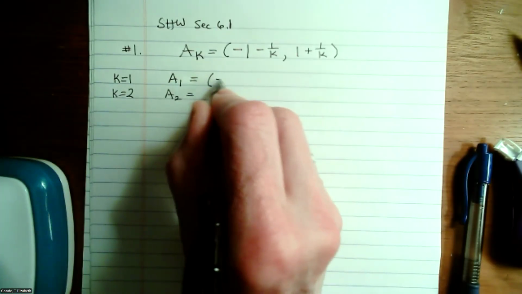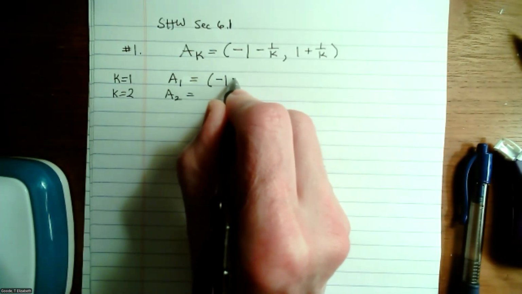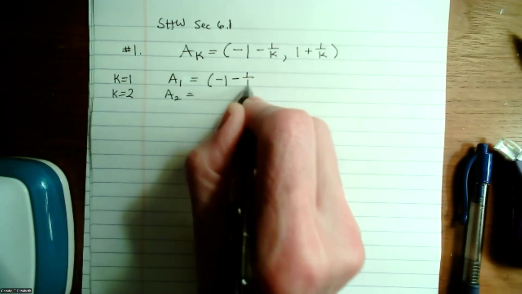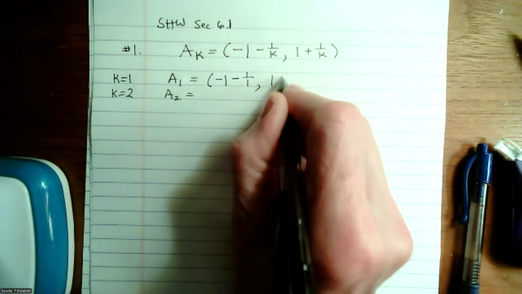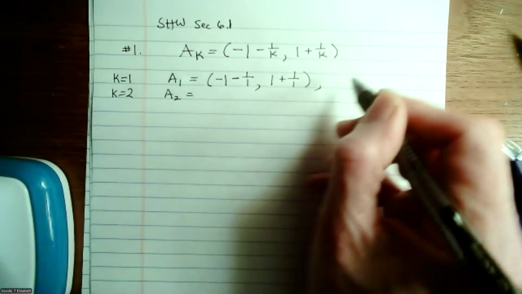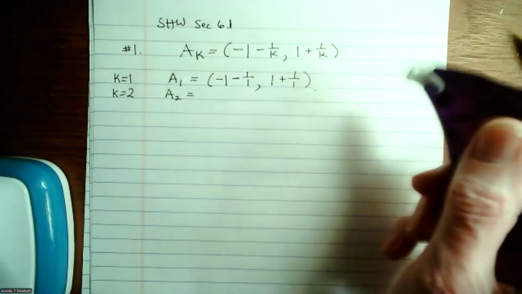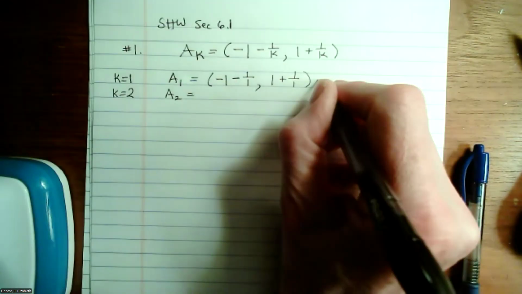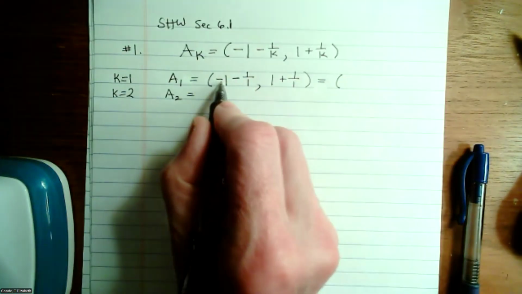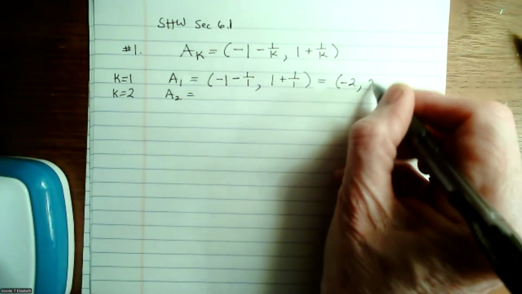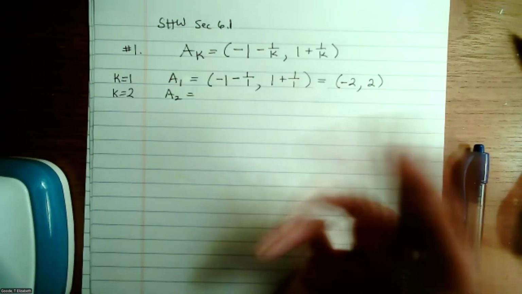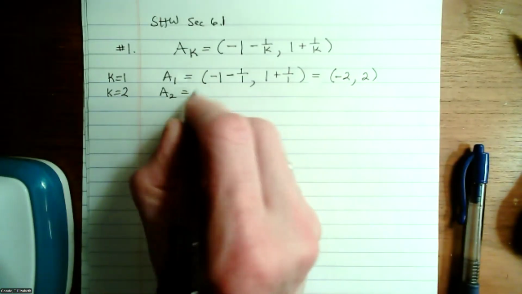A1 is negative 1 minus 1 over 1, comma 1 plus 1 over 1. And if we simplified that, what would that come out to be? That would be negative 2 to 2, exclusive. Nicely said. Good.